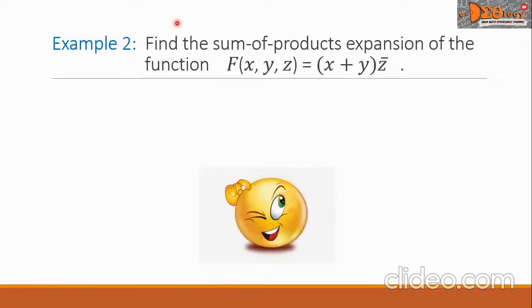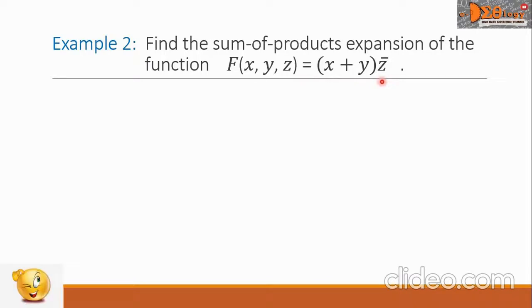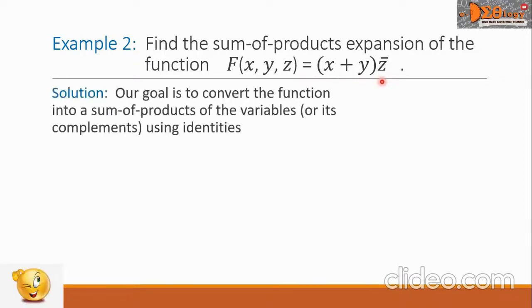Example 2. Find the sum of products expansion of the function f of x, y, z equals x plus y, and this quantity is multiplied to z bar. Our goal is to convert the function into a sum of products of the variables or its complements using identities.